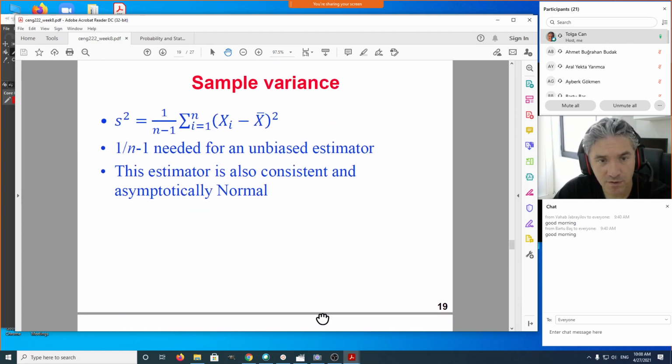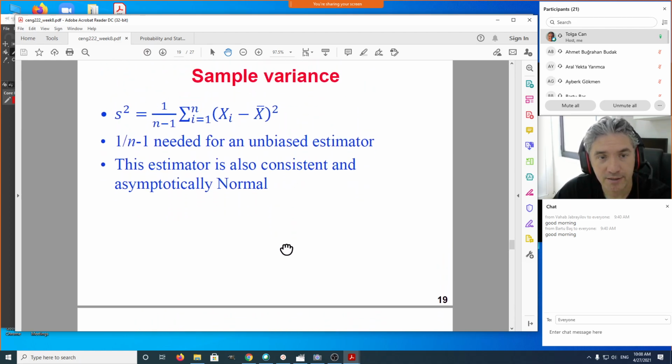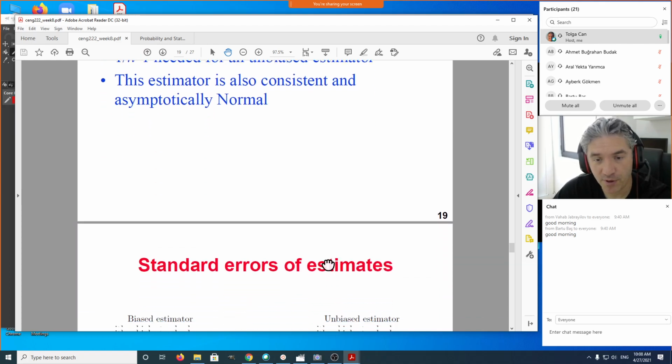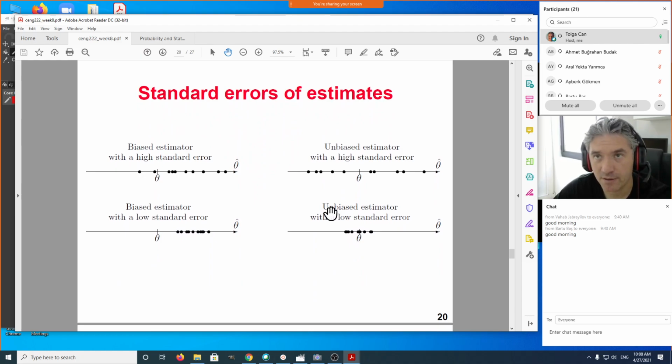All right, so now this is the sample variance. As you see, in order to compute that, we have to compute x bar, the sample mean, too. Now, if we put these two characteristics together, being unbiased and the standard error: the standard error of an estimate is the standard deviation of our estimator.